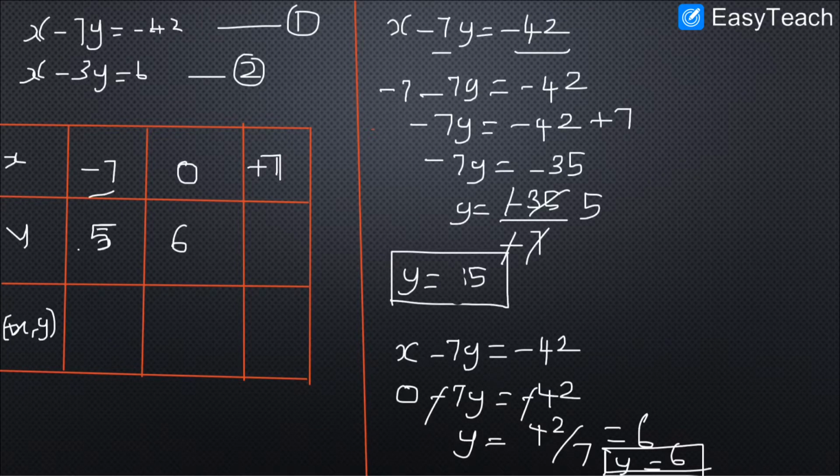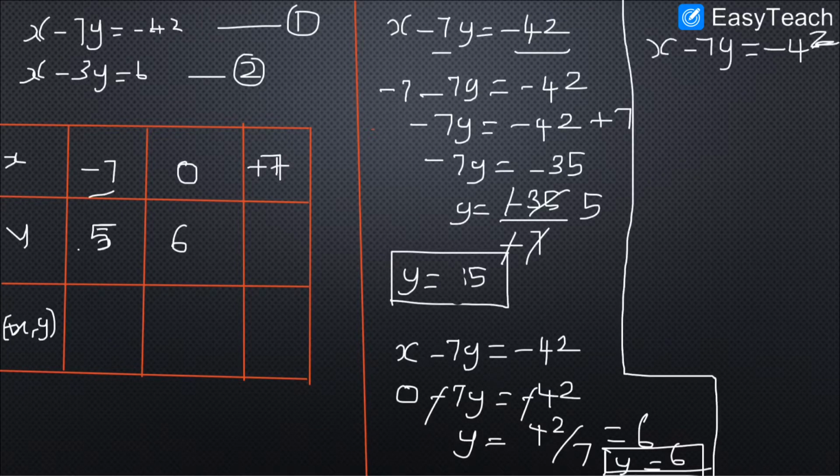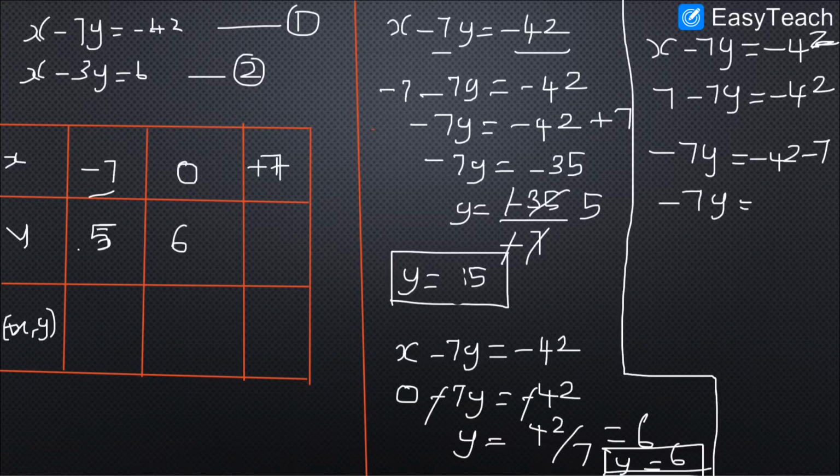Next I want to substitute plus 7. It will be very easy. So plus 7 minus 7y equals minus 42. Minus 7y equals minus 42 minus 7. Minus 7y equals minus 49. I cut the minus symbol.